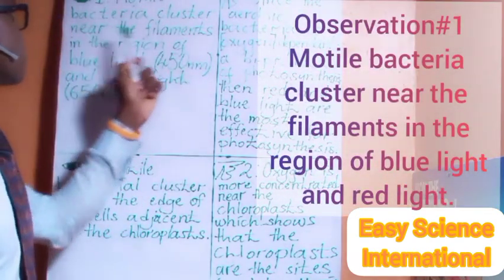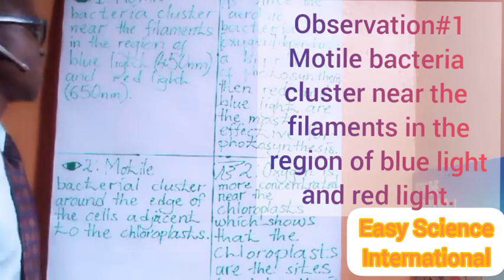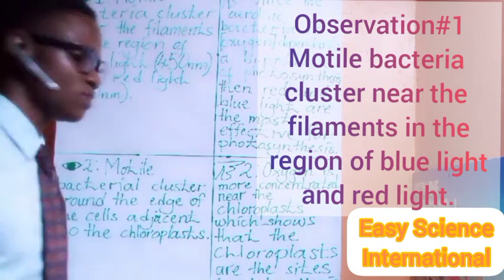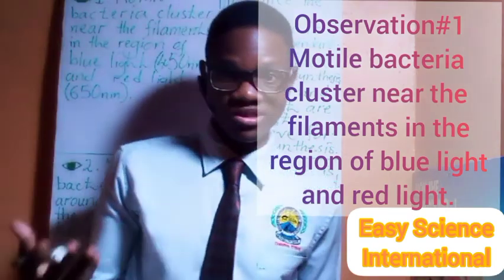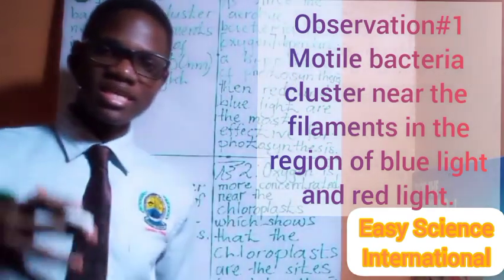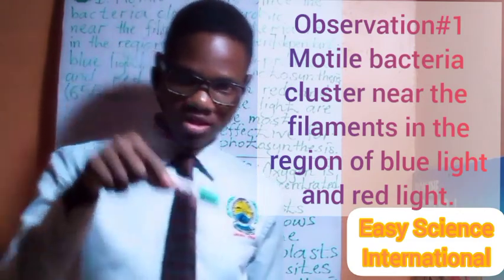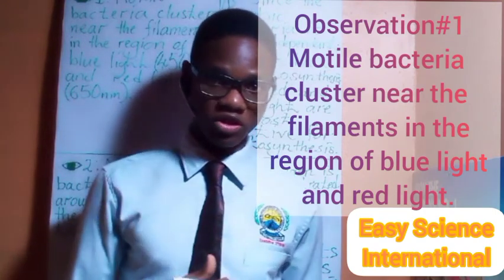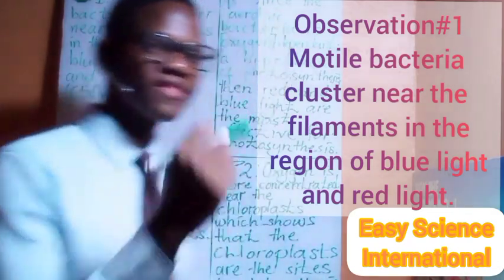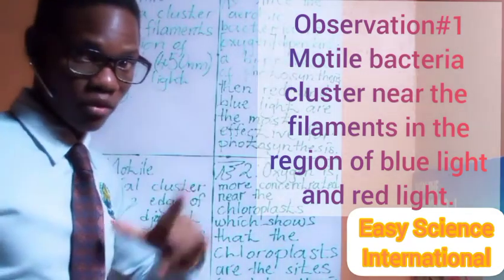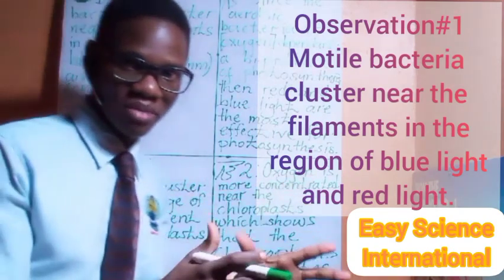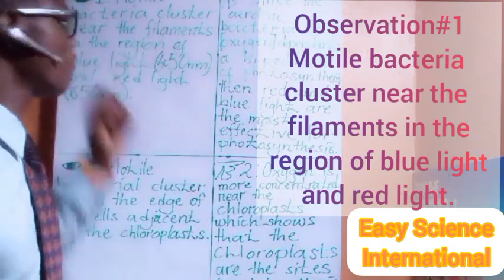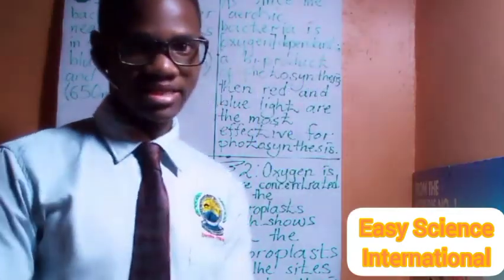Motile bacteria cluster near the filaments in the region of blue light, that is 400 nanometers, and red light, which is 650 or 700 nanometers. So our first observation, when you look at this Cladophora under a microscope, and we are looking at the real experiment, not the control, is that the motile bacteria, which are aerobic, make clusters, that is in groups, near the filaments in the region of blue light and red light.